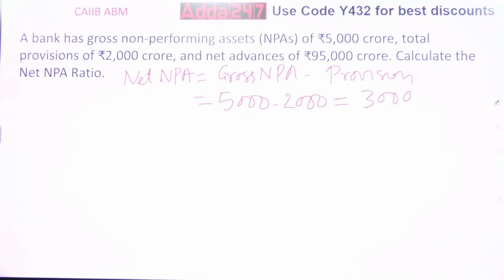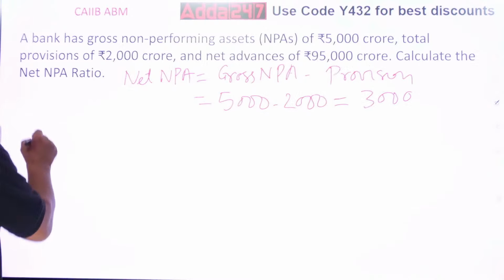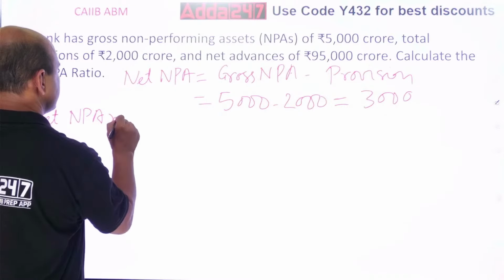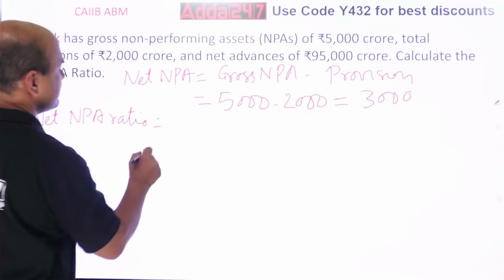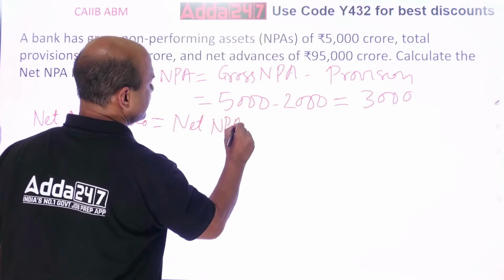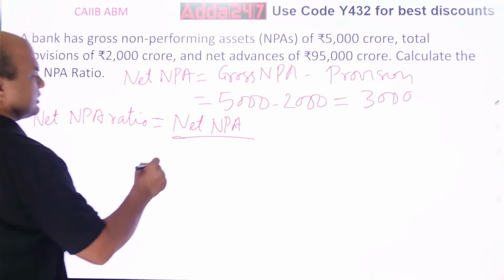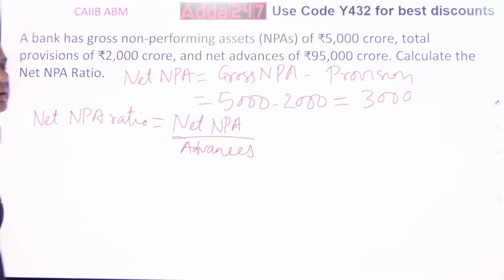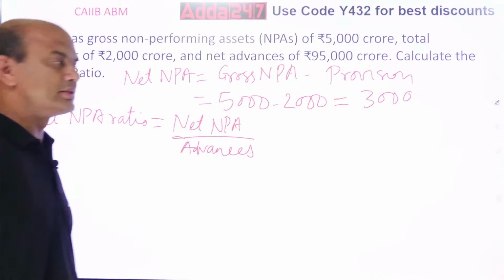So now done. Net NPA, I have got it. But my question is net NPA ratio. What is net NPA ratio? Net NPA ratio equals whatever is your net NPA divided by net advances.